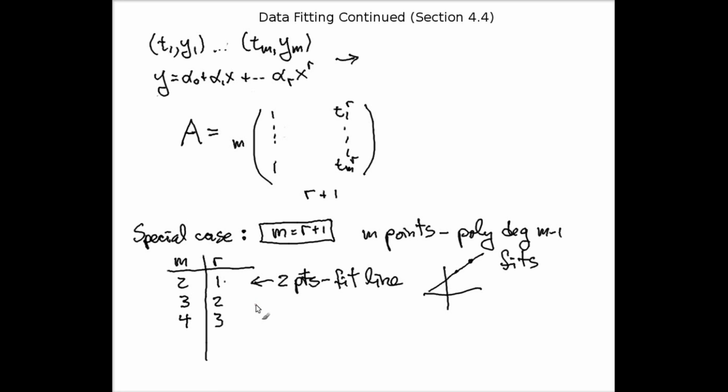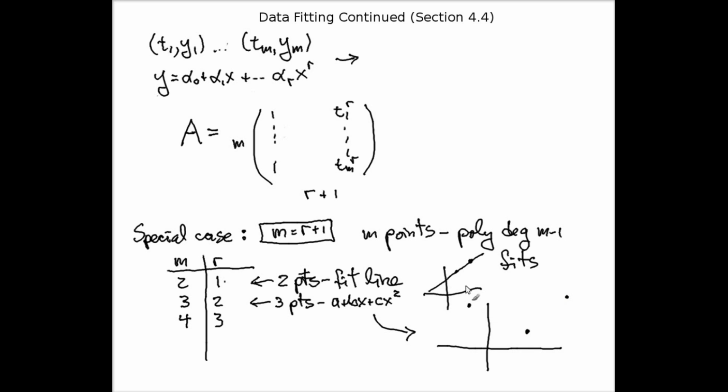Okay, what about this case? So here I'm given 3 points, and I'm trying to find a quadratic a plus bx plus cx squared which fits. Well, that case also, you can fit exactly.